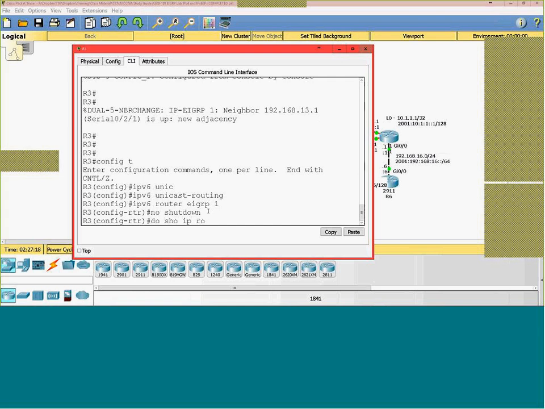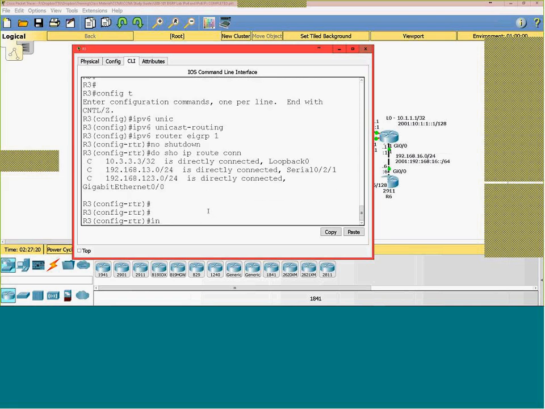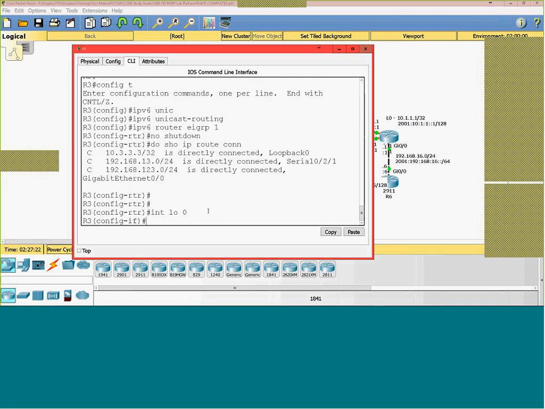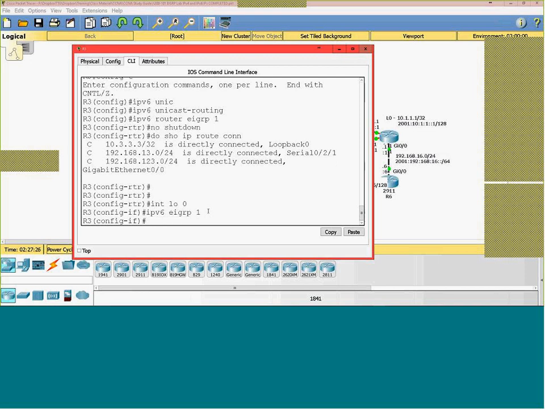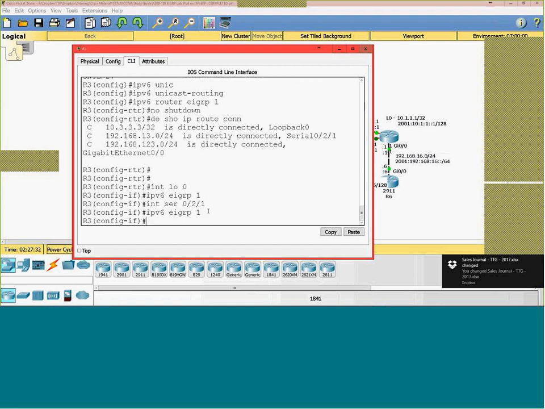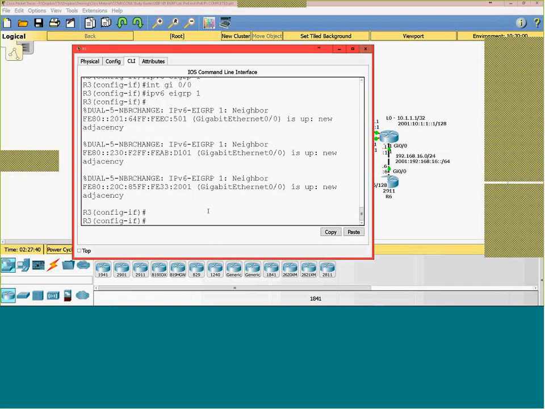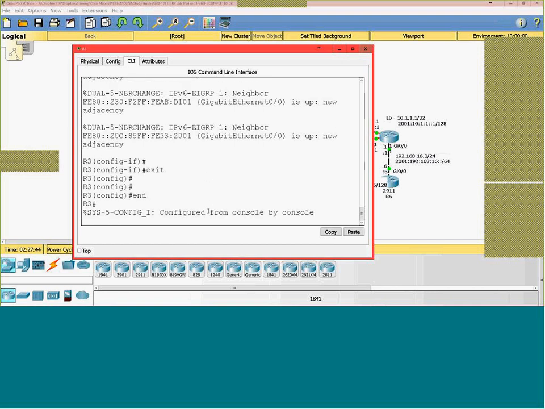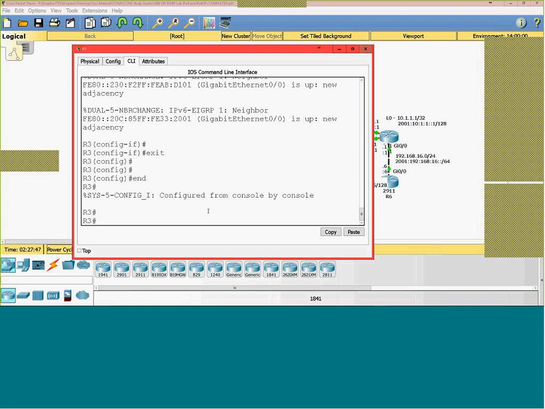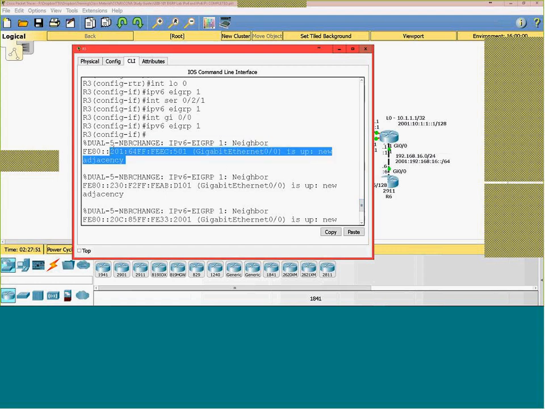Do show IP route connected, interface L0, IPv6 EIGRP1, interface serial 021, IPv6 EIGRP1, interface GI00. There we go. Seems pretty simple after you go through it a few times, right? I did the no shutdown. If I hadn't done the no shutdown, I wouldn't have seen these adjacencies pop up.